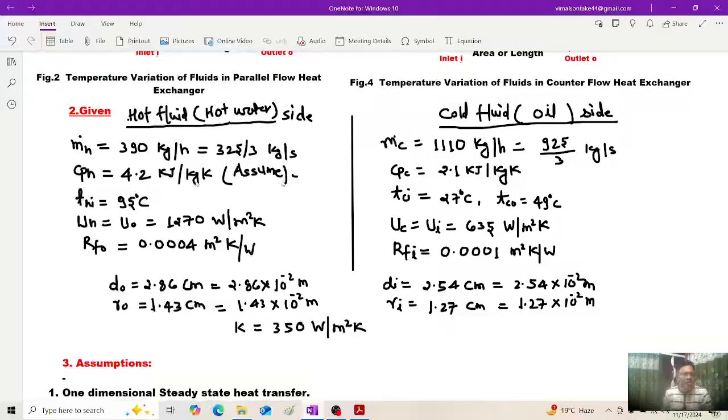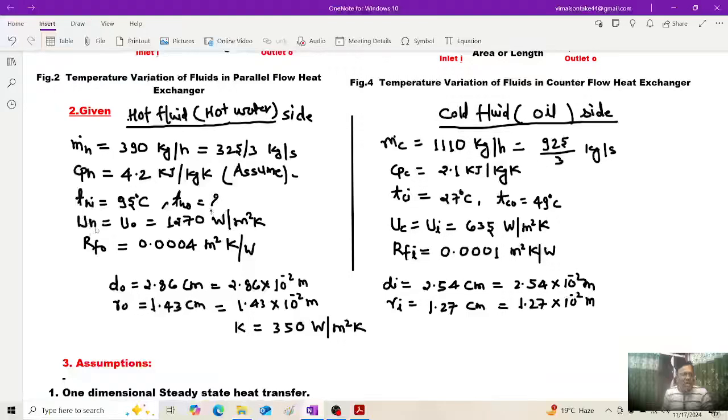So this is the most universal and generalized value, so we will remember it and assume it as 4.2 kilojoule per kg per Kelvin. Inlet temperature of hot fluid is given as 95 degrees Celsius. Outlet temperature is not given, so we have to calculate it from the relations available.